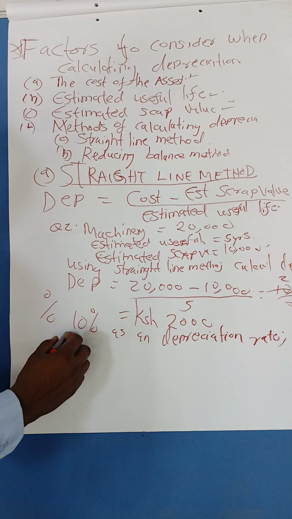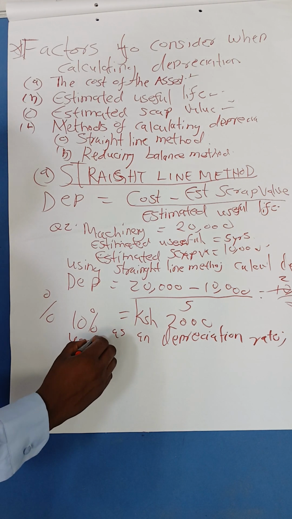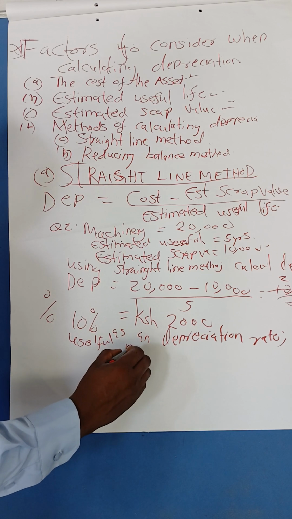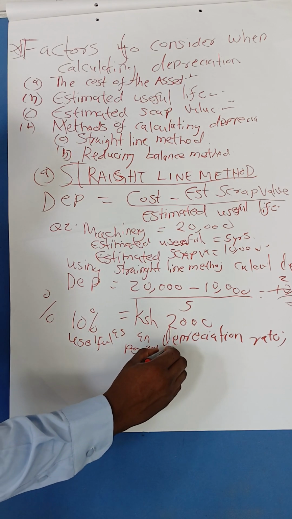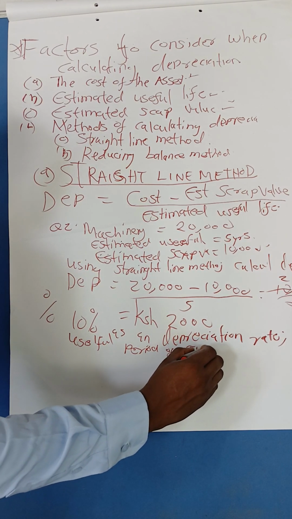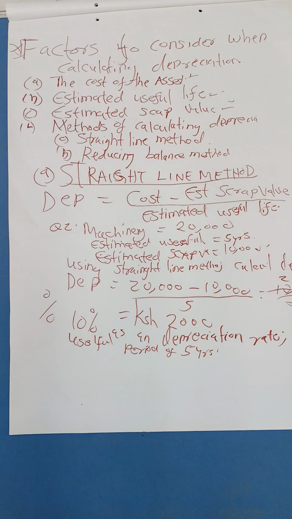After an estimated useful period of 5 years. Good. So here it's very easy. Because we are using the straight line method, the depreciation rate percentage will remain constant all through.